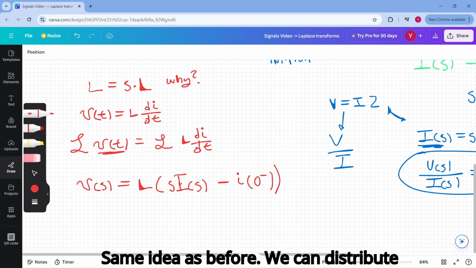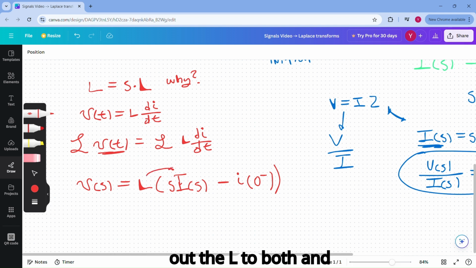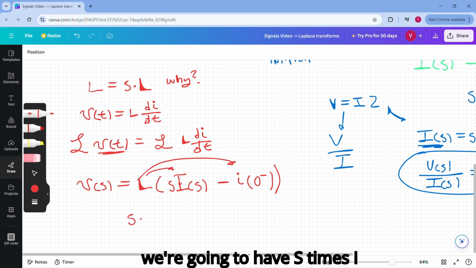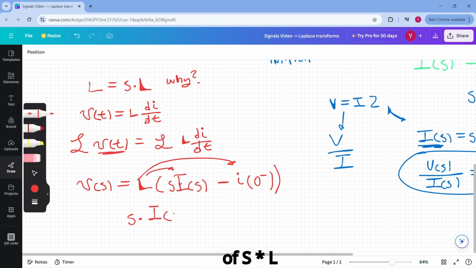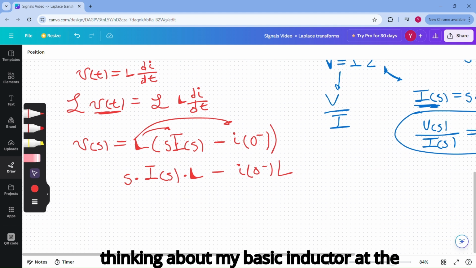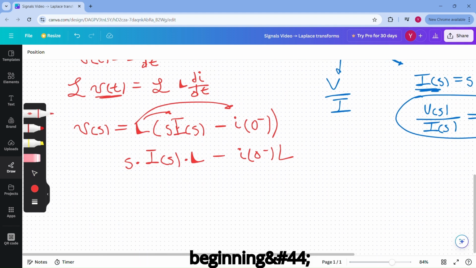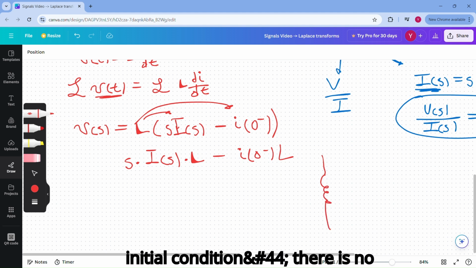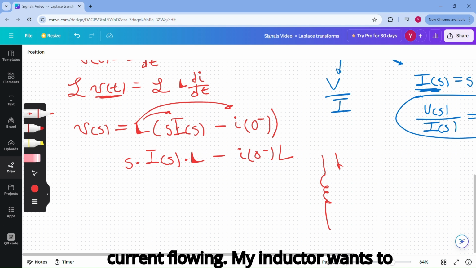Same idea as before. We can distribute out the L to both. And we're going to have S times I of S times L minus the initial condition multiplied by L. And if I'm thinking about my basic inductor at the beginning, initial condition, there is no current flowing.